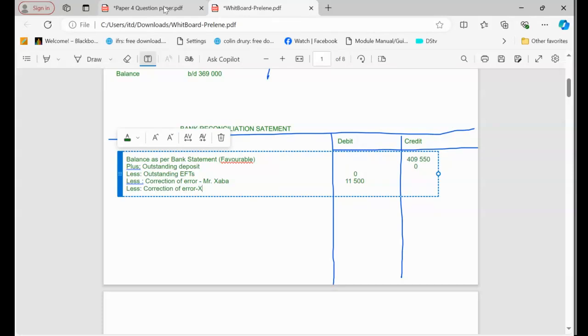XYZ. How much was it? 23,000? No, just 23,000. Was 23,000 an error? I don't think so. Let's see. No, it wasn't an error. It was 23,750, and that error was from client Smith. Oh, Smith. Okay, because I remember this 23,000 was the correct one. Thank you so much for that. Okay. And then we've got another one.